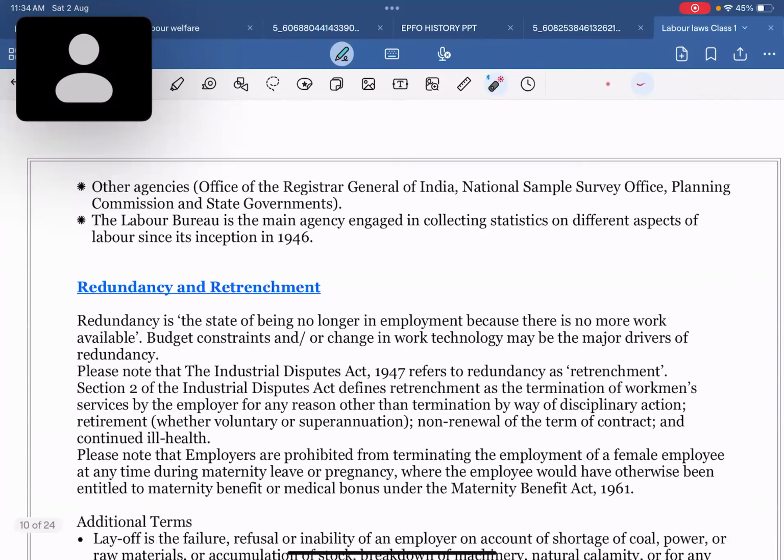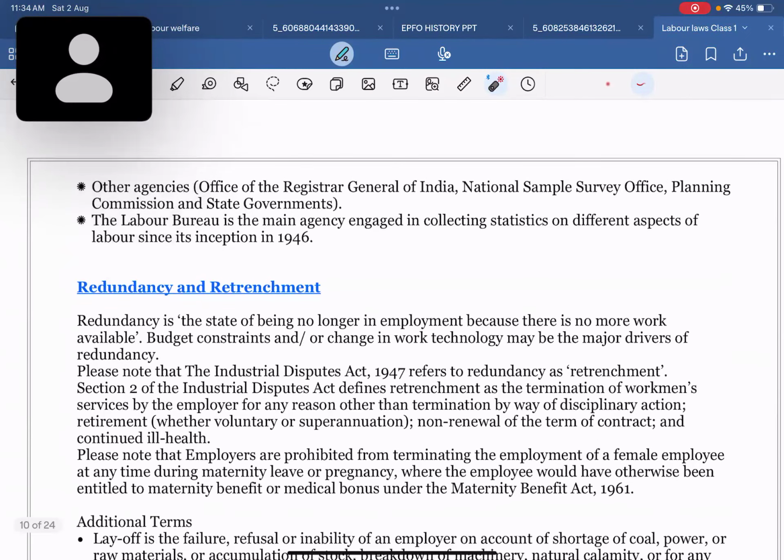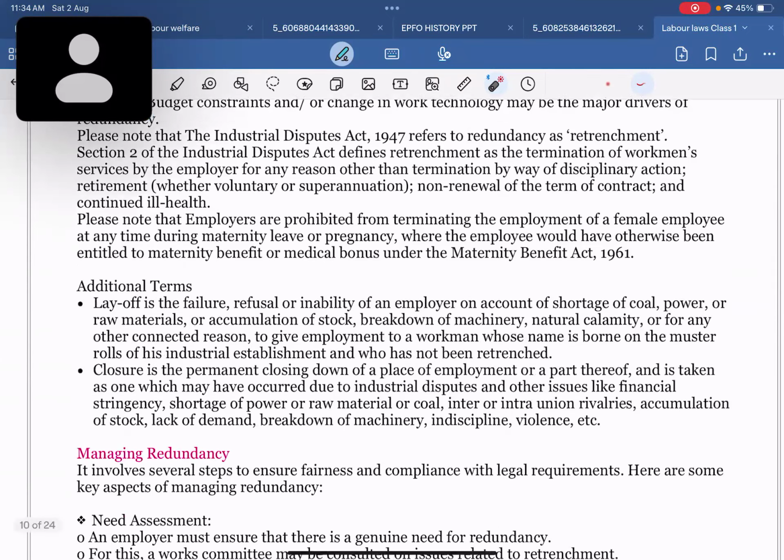Other agencies are the Office of the Registrar General of India, National Sample Survey Office, Planning Commission and state governments. The Labor Bureau is the main agency engaged in collecting statistics on different aspects of labor since its inception in 1946.